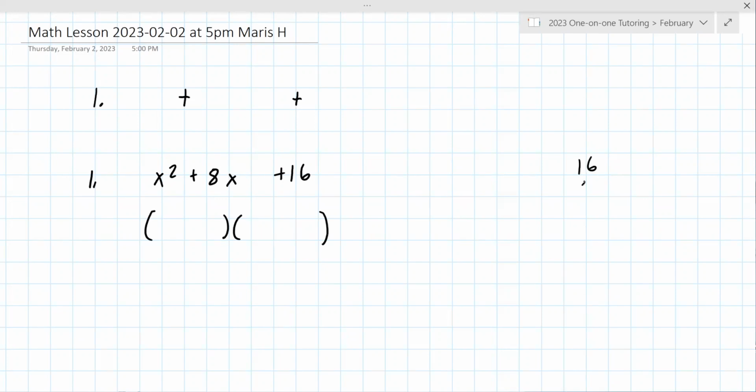And if you're not sure, you just make a list. You're like, all right, 1 and 16, 2 and 8, 3 doesn't go in, 4 and 4, and that's it. Do any of those add up to 8? The last one, right? So it's x plus 4, x plus 4.